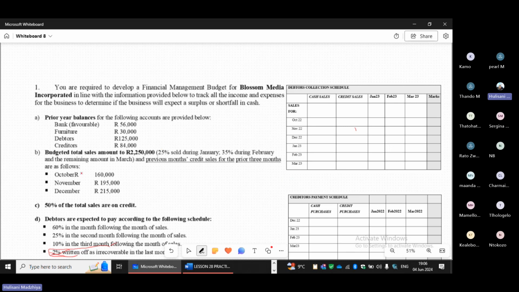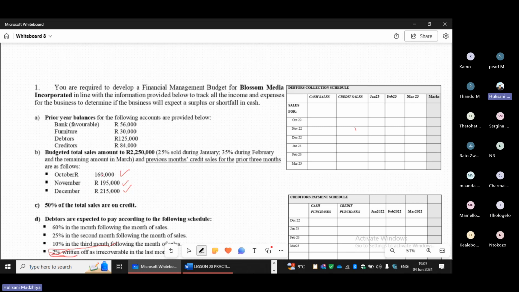So based on our information, under the debtors collection or our credit sales, we've got the following credit sales that have been made. These have been the credit sales for the prior 3 months, which are October, November, December.